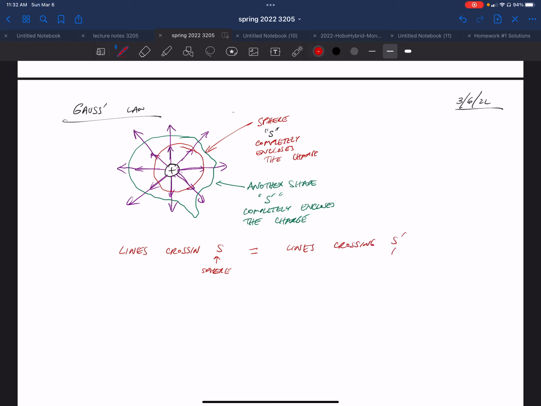And this S prime, I call it a funky shape, but it could be any other shape that completely encloses the charge. Again, you can see this visually from this drawing and what we described, okay?